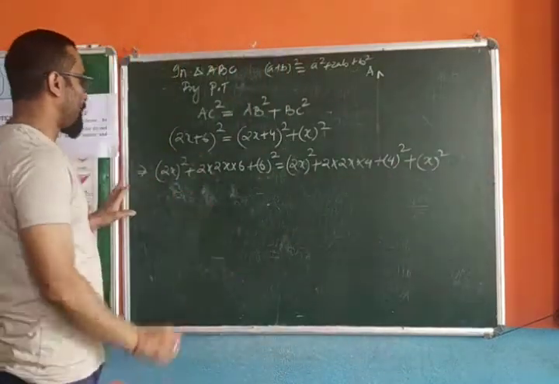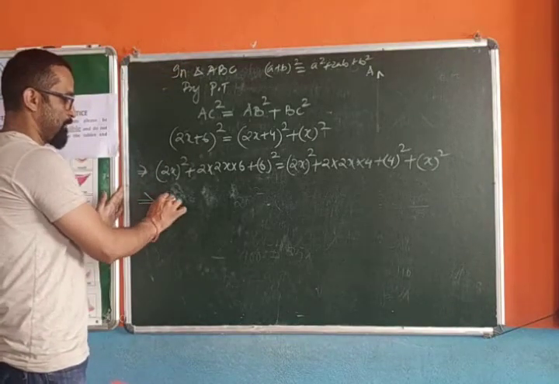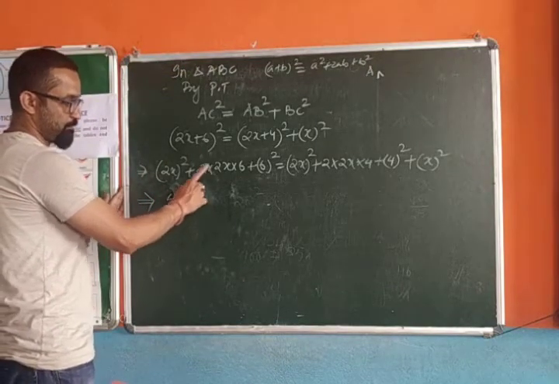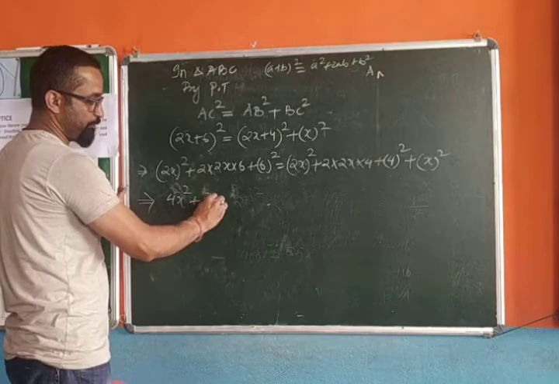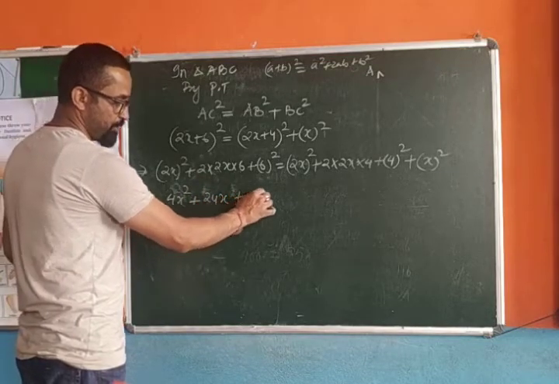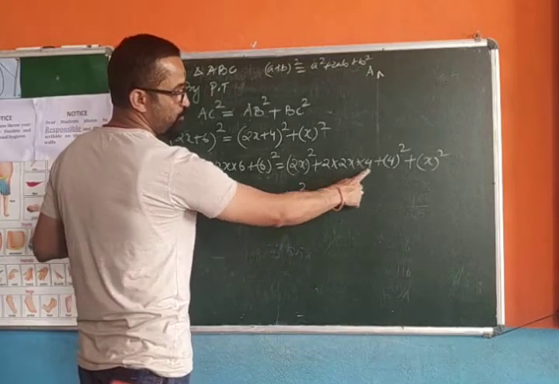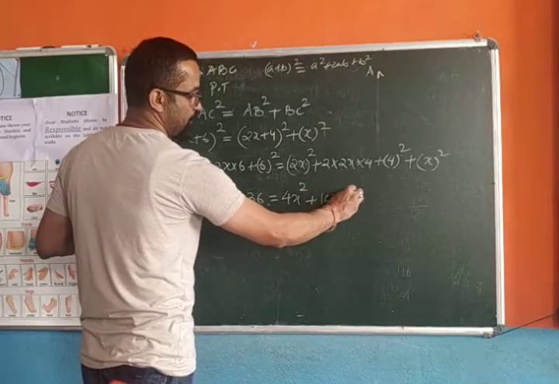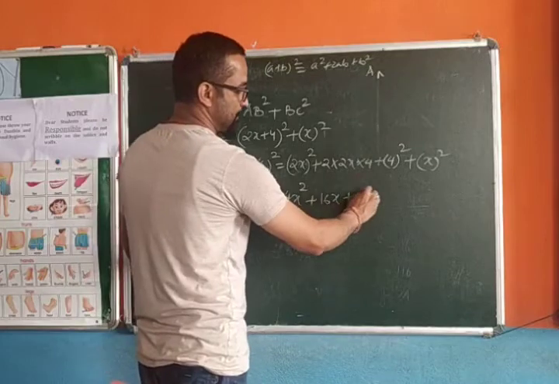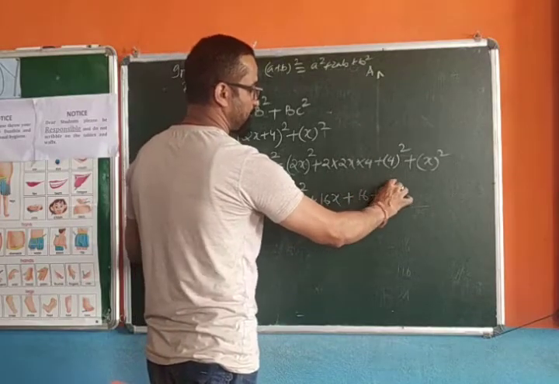Look at the simplification now. 4x square plus 6 into 4 is 24x, plus 36, 4x squared, 4 into 4 is 16x plus 16 plus x squared.